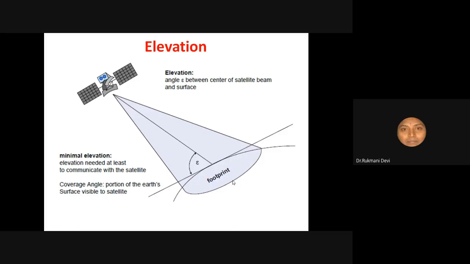From the footprint to the satellite we have the elevation angle epsilon. The minimal elevation is the elevation needed at least to communicate with the satellite. The coverage angle is the portion of the Earth's surface visible to the satellite. It must be visible, that is called the coverage angle.